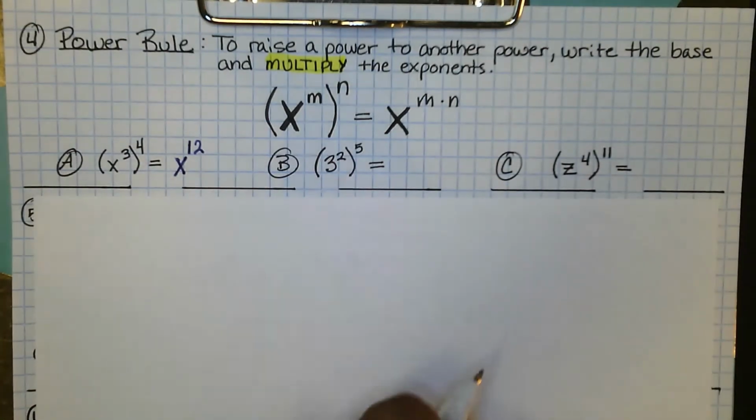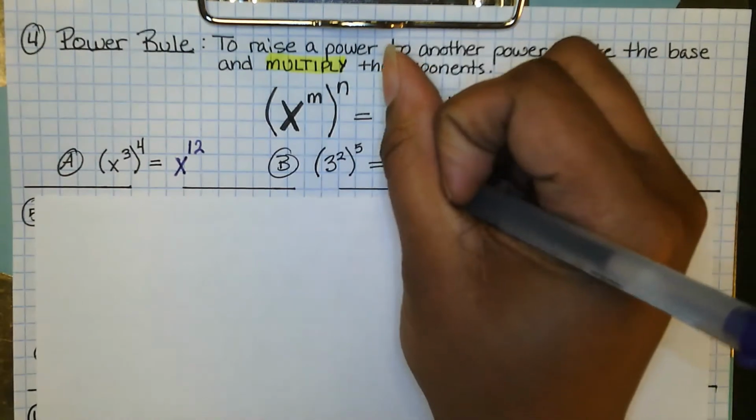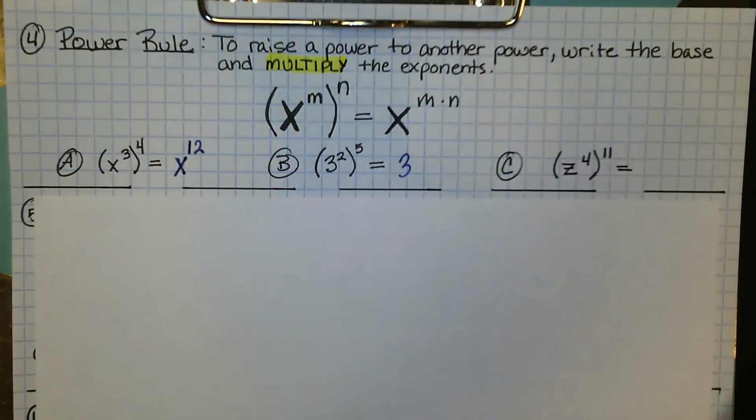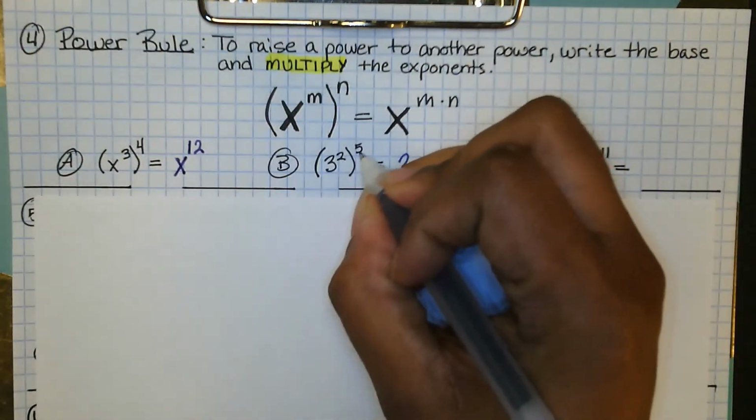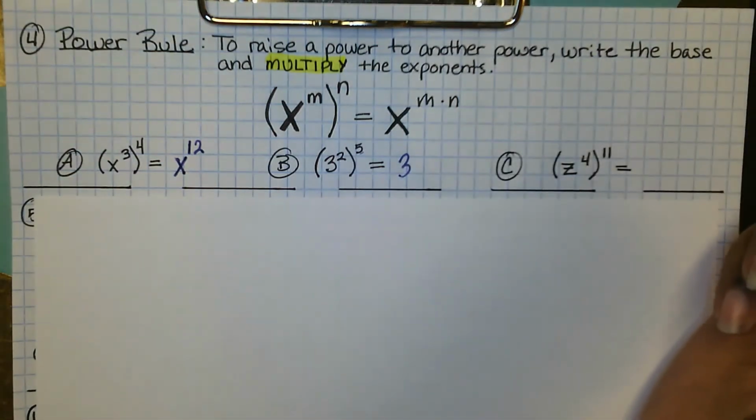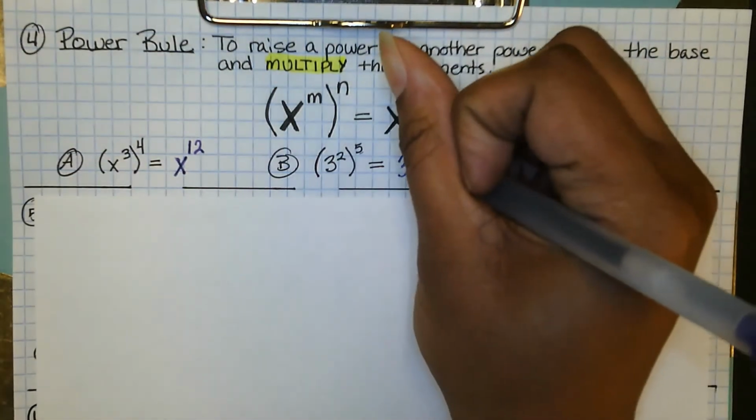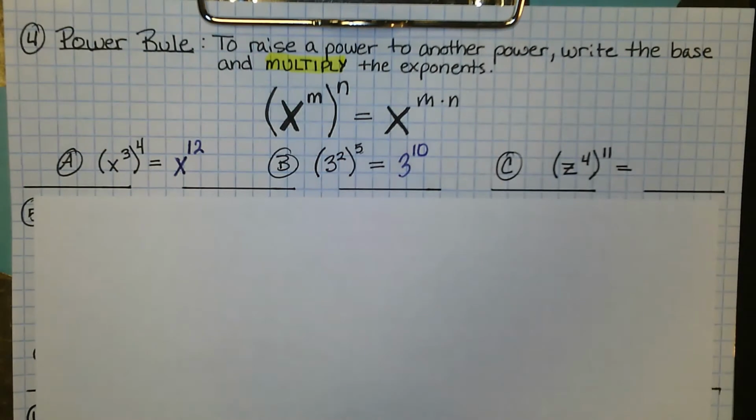Same thing in this example. Our base is 3 this time. So we keep our base and we multiply the exponents. 2 times 5 gives us 10. So this is 3 to the 10th power.